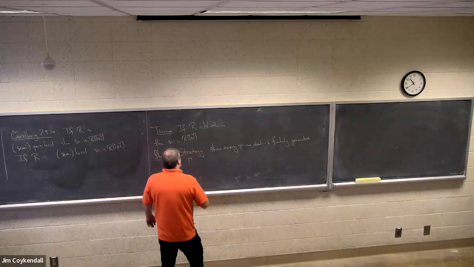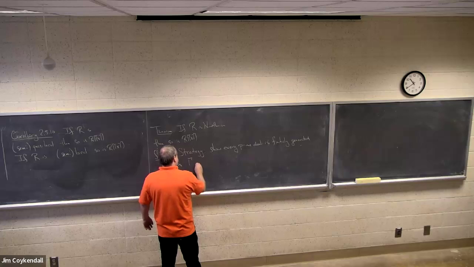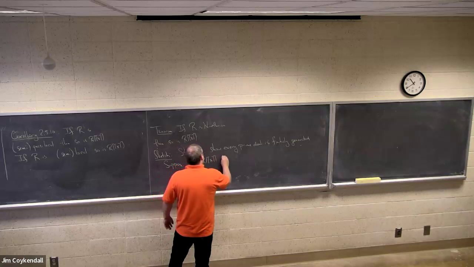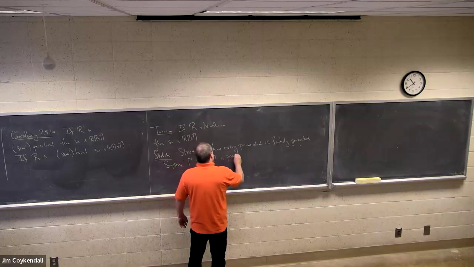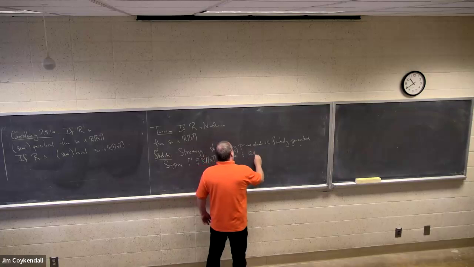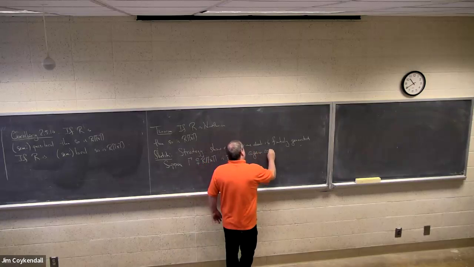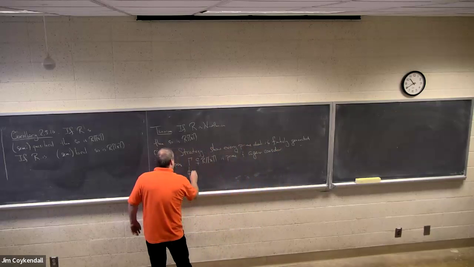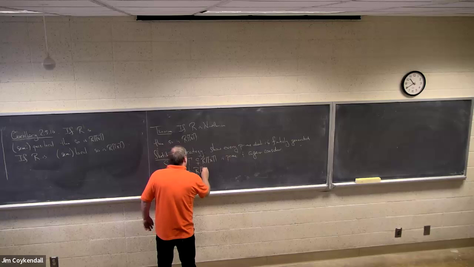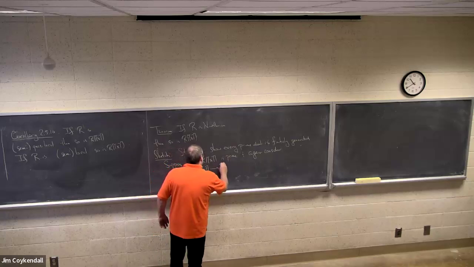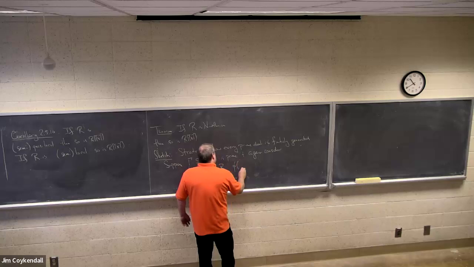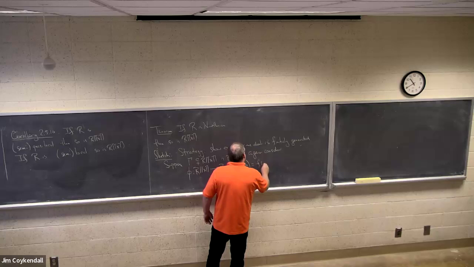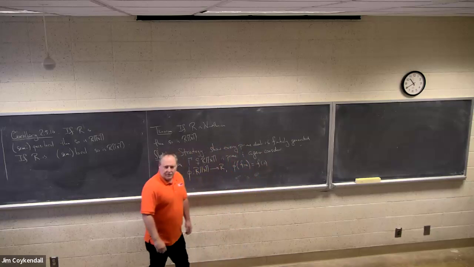Suppose gamma in R[[X]] is prime. Consider the homomorphism phi from R[[X]] into R given by phi of f(X) equals f(0).